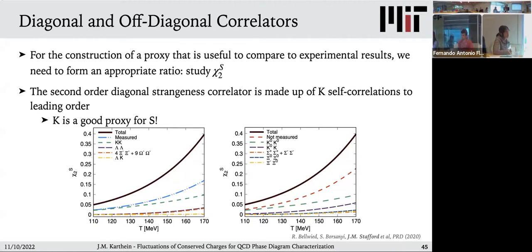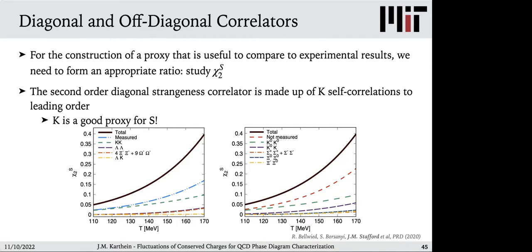Self-correlator between hadronic species, you mean? So for example, a proton self-correlator. Yes. So basically the K0 K0 self-correlator, just take that as an example.